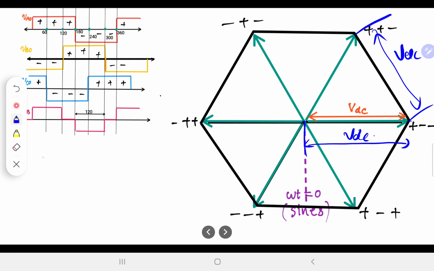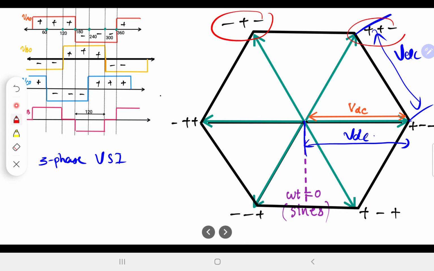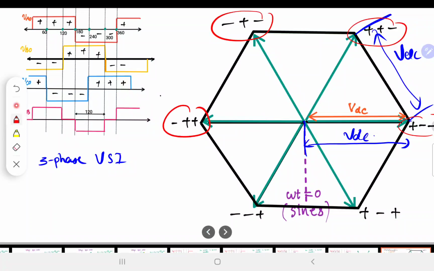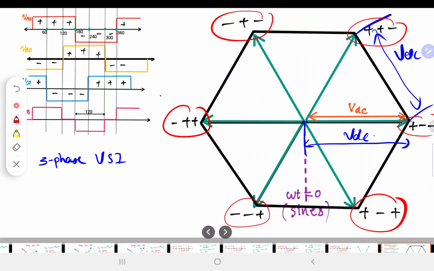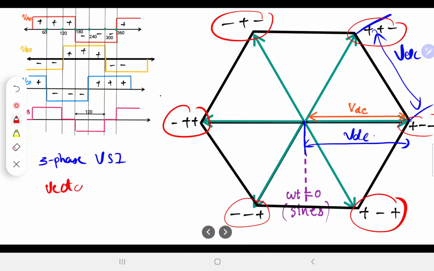So a 3-phase voltage source inverter can have any of these points which you can switch. Okay, so these are what we call vector locations which we have. We have 6 of them here which we identified from the square wave.